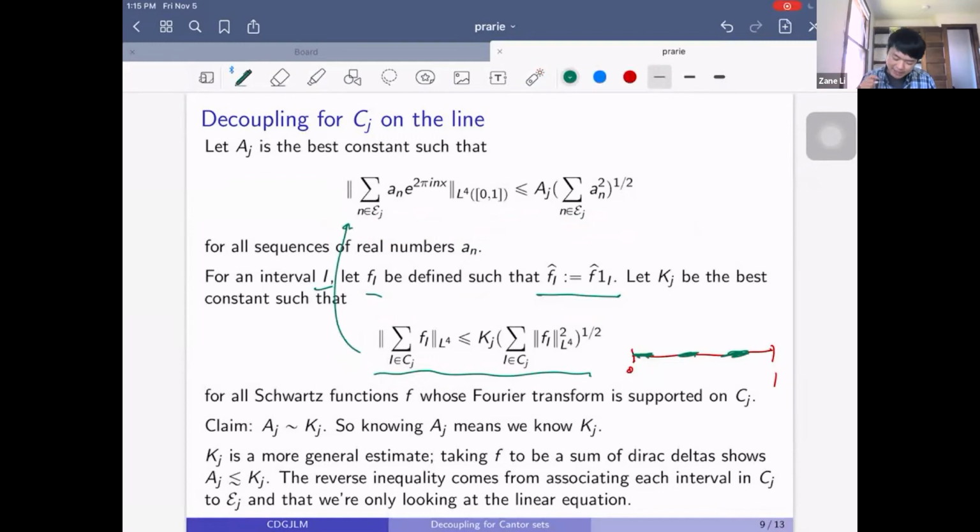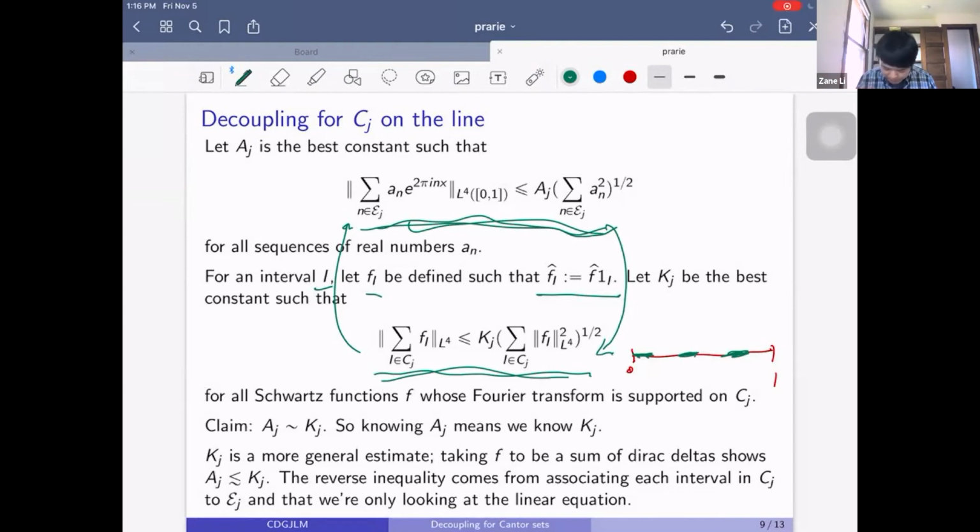Now, what's surprising, because we're working on the line, is that knowing this estimate is already strong enough to imply this estimate, mostly because of the one-to-one correspondence between the ellipsephic set and the Cantor set. This is the most surprising part, in that knowing the number theory can imply the analysis. Usually it goes the other way. So in this case, in decoupling for the line, these problems are equivalent.